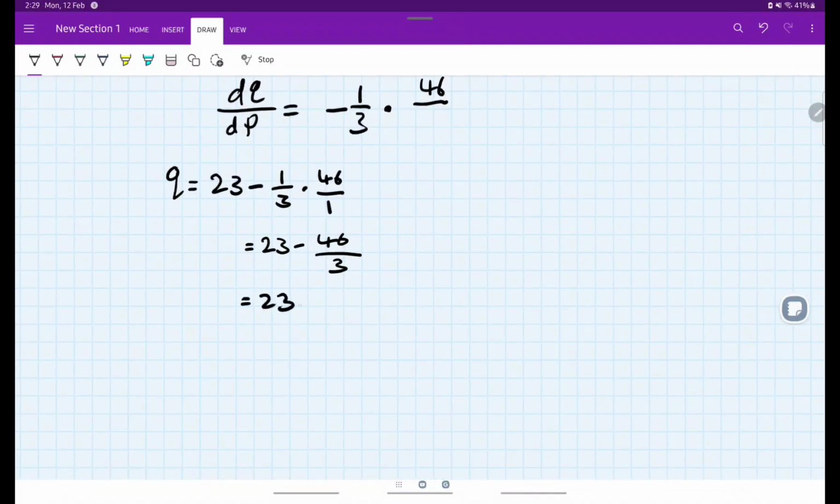Simplifying a bit further, that is 7.67.